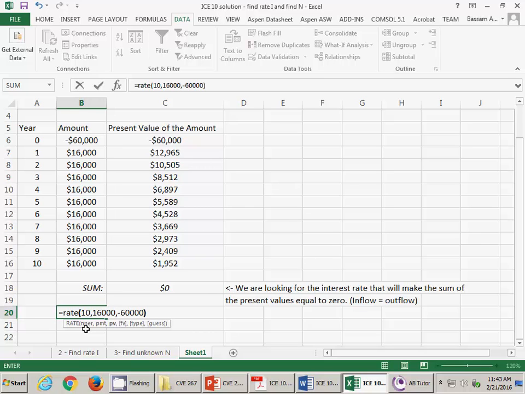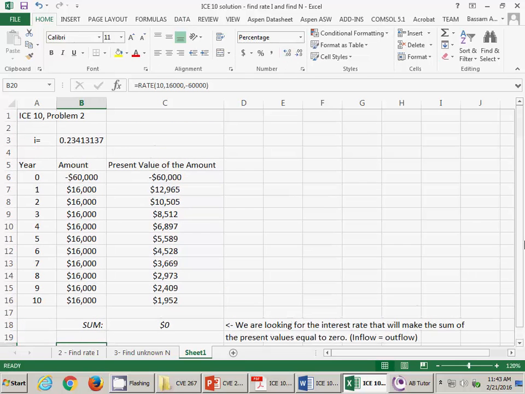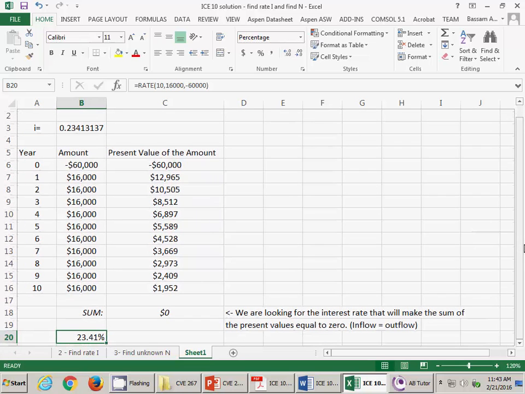Close parentheses, enter. 23%. And it even knows all of the decimals that we got from the other part. 23.41%. So that's the rate function. Any questions about that?